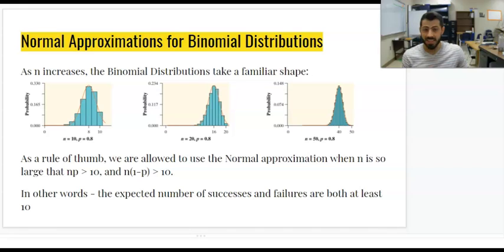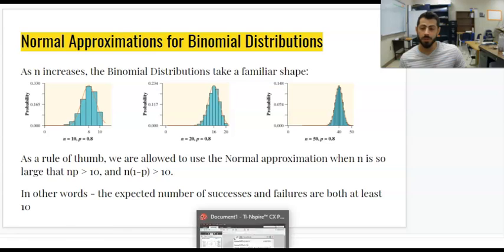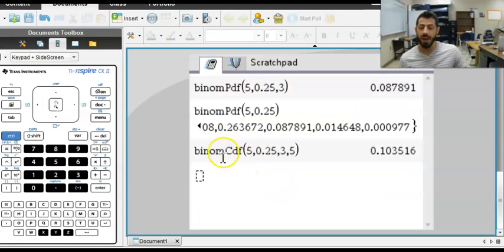Now, the thing is, we all have TI Inspires, or at least are allowed to use them now, so we don't have to approximate if we don't want to. We can literally use the normal CDF or the binomial CDF like we did here. It does it for us. If we approximated using a normal, in most cases we would get something that approximates very closely.